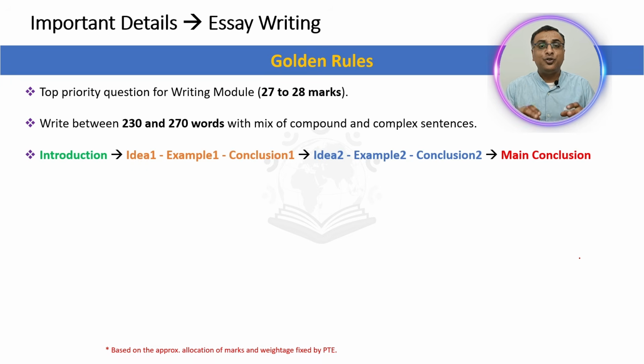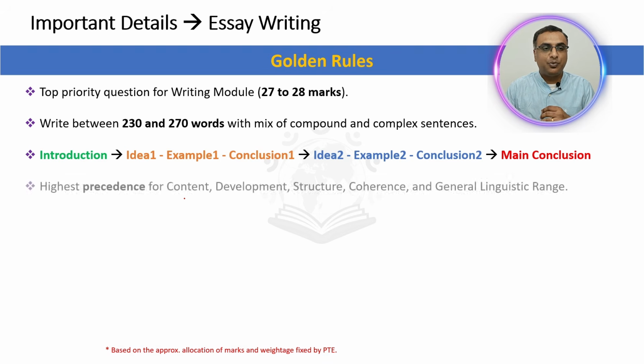Next, you have to follow this idea which I had explained in detail by introducing a topic, idea 1, example 1, conclusion, similarly for idea 2, example 2, and then conclusion 2, and then give a main conclusion for the essay. This is how you would have to structure your essay.